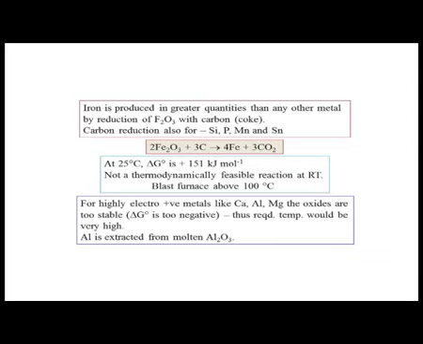But in this particular case, we follow the reaction at room temperature. Our room temperature is 25 degrees centigrade, and at room temperature the corresponding delta G0 is plus 151 kilojoule per mole. So, the reaction is not at all a very good reaction, if at all it goes to the right hand side, because it is not thermodynamically feasible. Forget about its kinetic rate, how quickly, how fast we generate this Fe from Fe2O3.